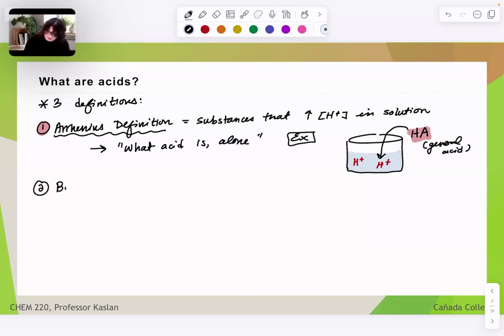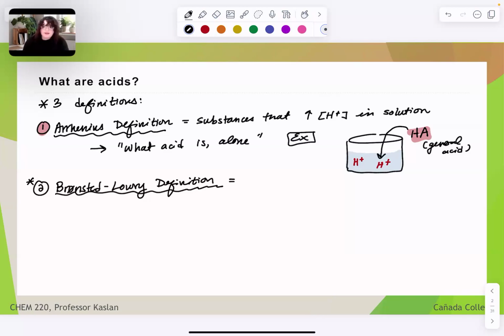Up next, we have the Bronsted-Lowry definition, which is really where we as a class are going to be focused on. This is going to be the primary lens that we use to think about acids and respectively bases, because we are going to be looking at what acids actually do chemically, like what acids do when they are participating in a chemical change or a chemical reaction.